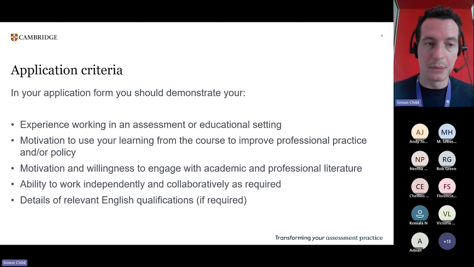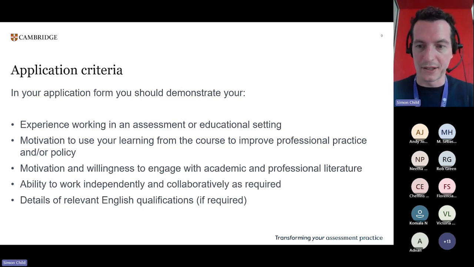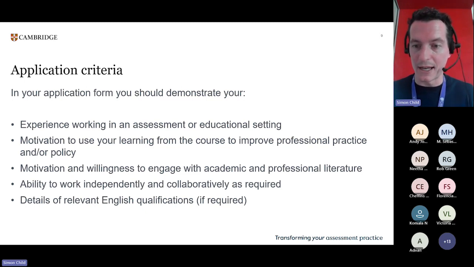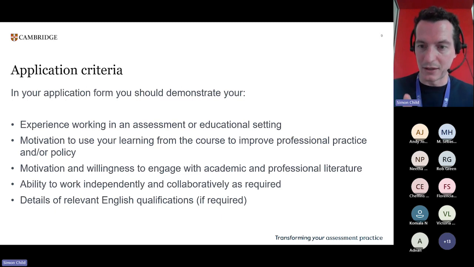We would also like to know about your motivation to use the learning from the course in your professional practice, because one of the things we're trying to encourage within the course is that what you take from it will be applied in your professional context, not just as part of the assignments within the course itself, but in the future as well.